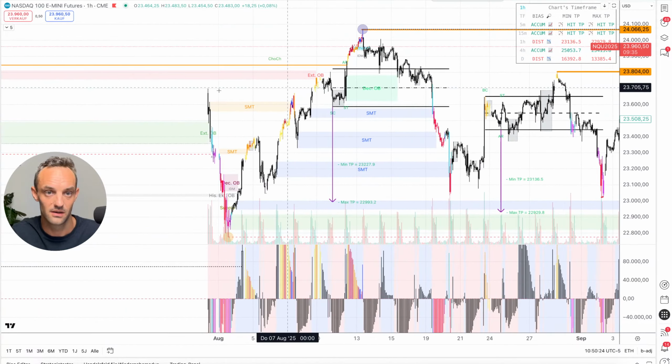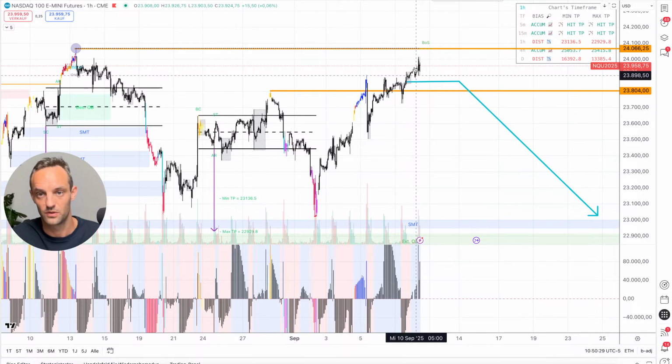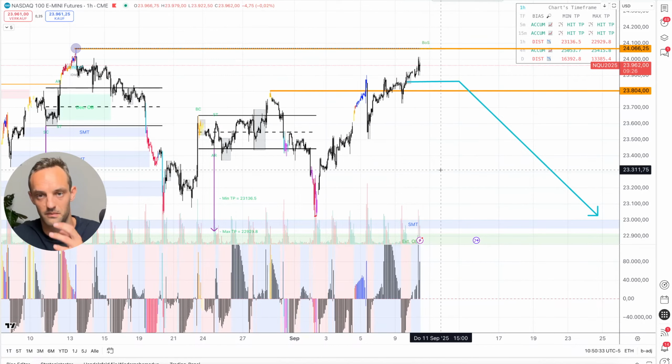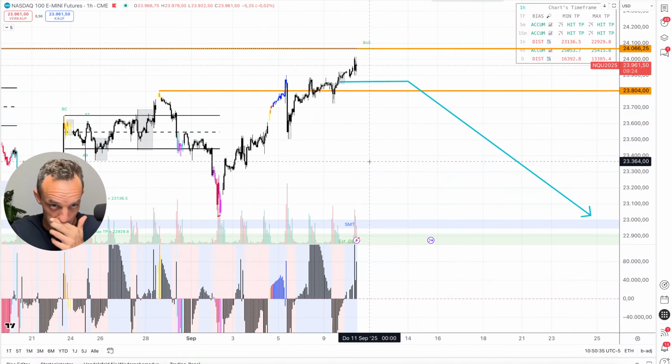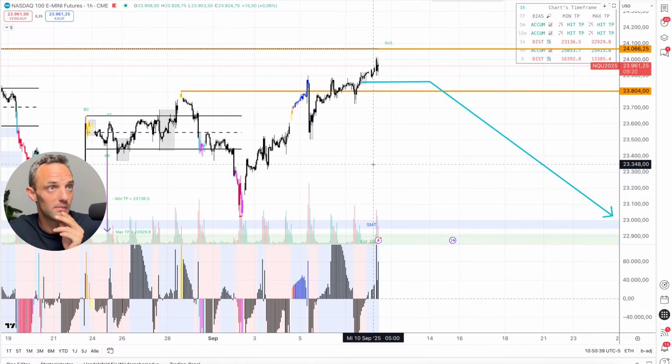Wabi-sabi range here or wabi-sabi range there. But from my point of view, we get another wabi-sabi range to the downside like this. We will see. So I think this is what you mean. Maybe not.